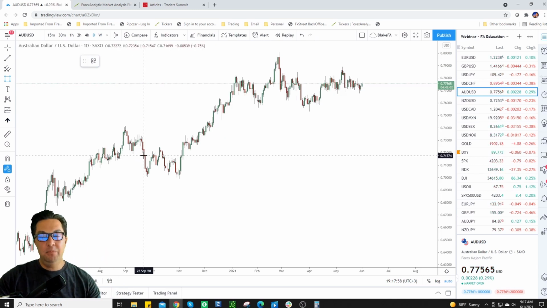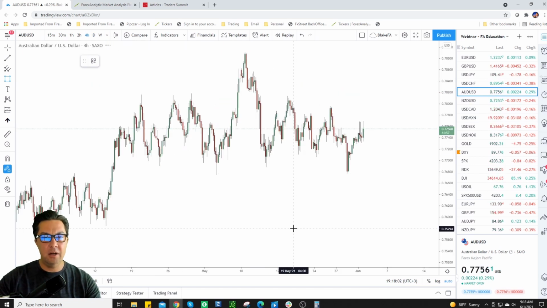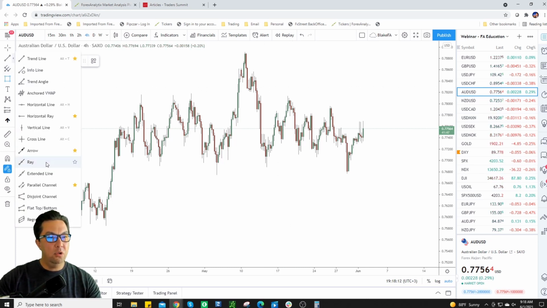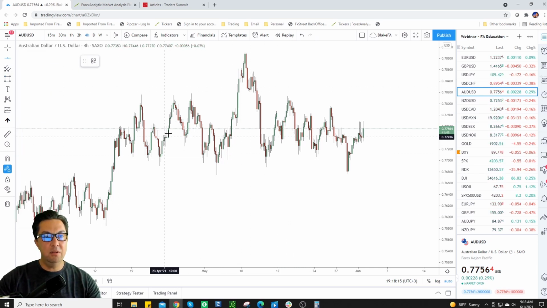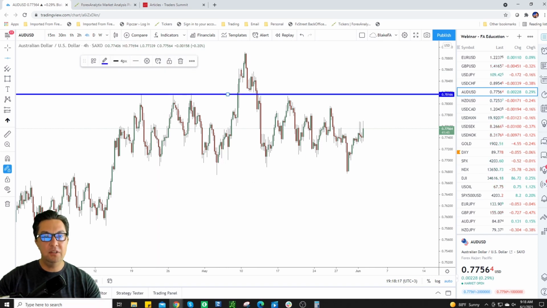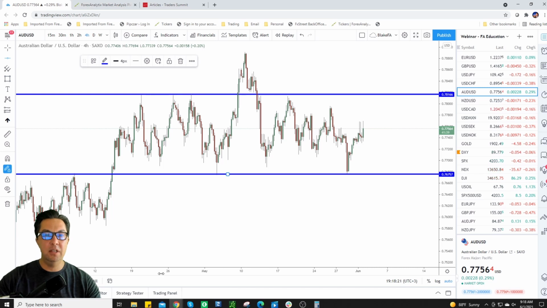All right. Now, the question is, how do you find support and resistance levels and why does it even matter to us? Well, support and resistance, as I've often said to you guys, is not an exact science. I look for zones in the marketplace. So when you are looking for support and resistance levels, you're basically looking at the highest price that an instrument has been to or the lowest price an instrument has gone to.